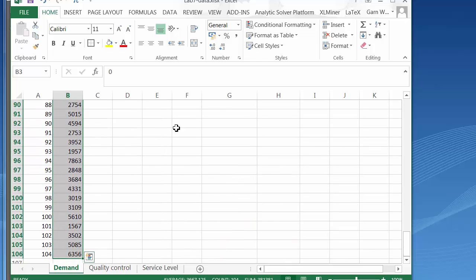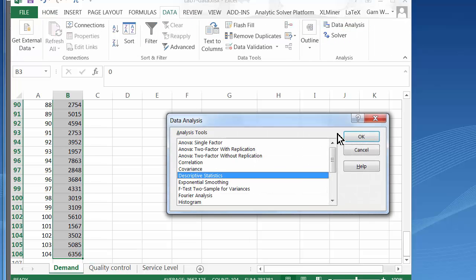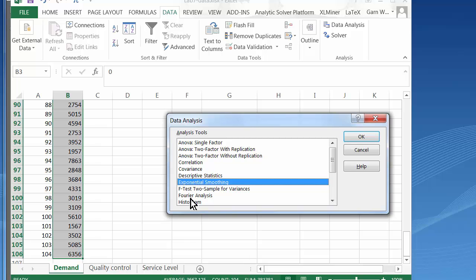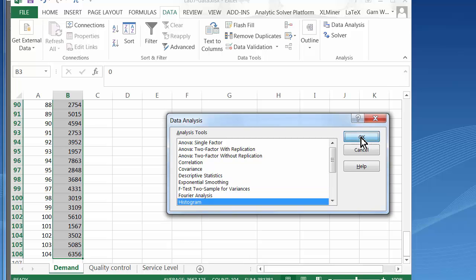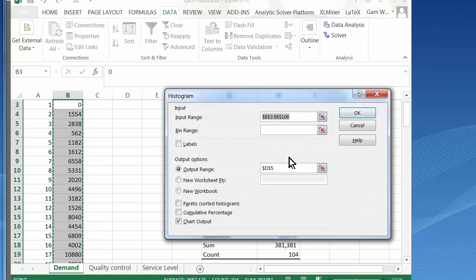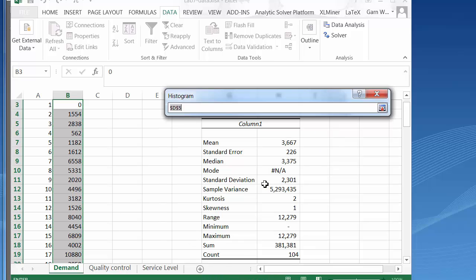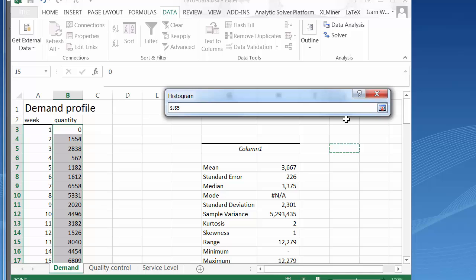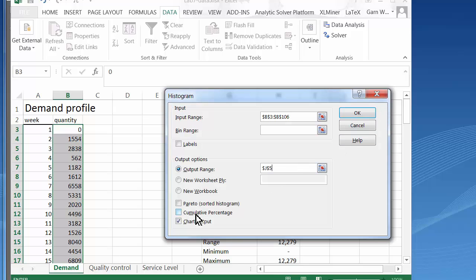If we quickly visualize this as a histogram, so again Data Analysis and Histogram, we get an idea whether we are very far off from a normal distribution or not. I'll select the same range, put the output range somewhere here, and display a chart.